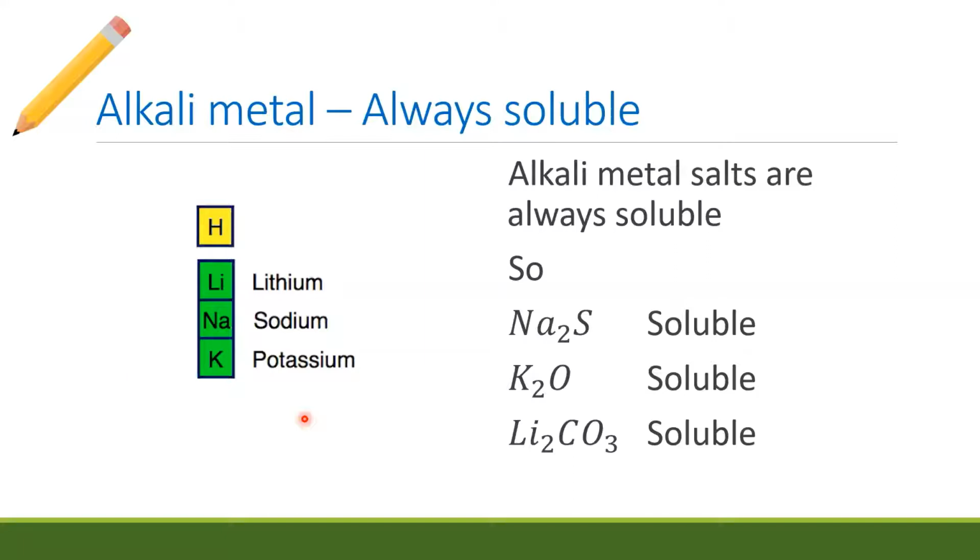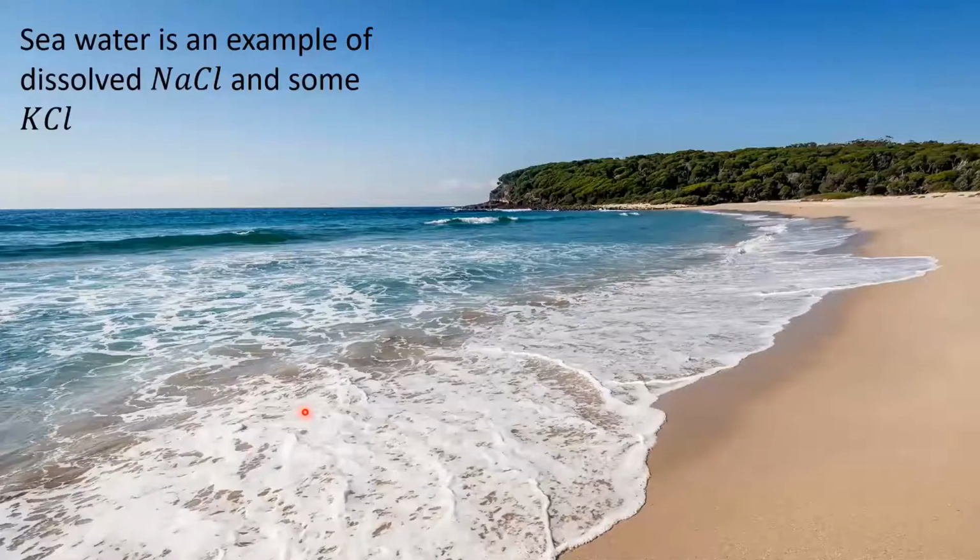All right. Now, let's quickly talk about one of the classic examples here. Seawater is an example of dissolved NaCl. There is a bunch of dissolved sodium chloride. There's a bunch of dissolved salts in the sea. Now, that's not the only salt in the sea. There's also a bunch of KCl.